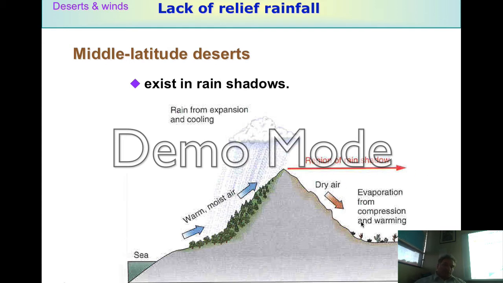As the air drops, it warms, and you can't get any real condensation. It does in some of the higher mountains especially, there's a massive rain shadow, and you get deserts in that area on the far side of the mountain range.